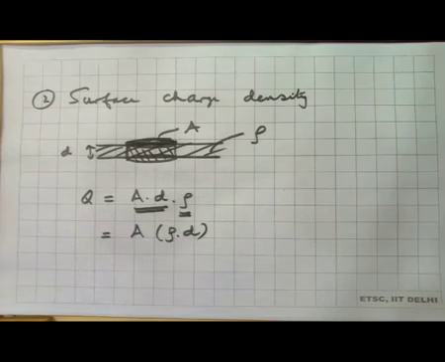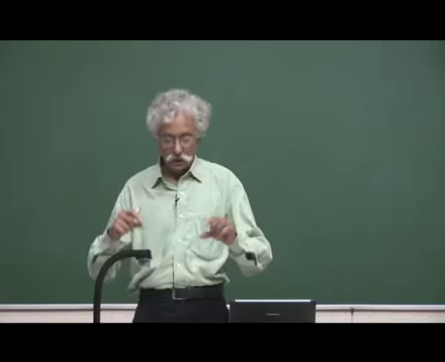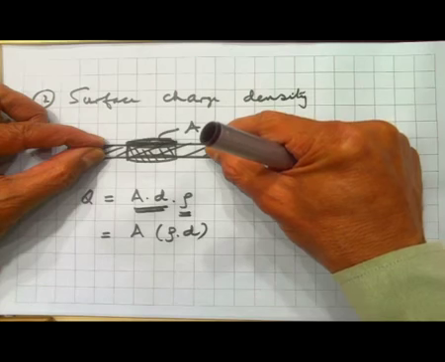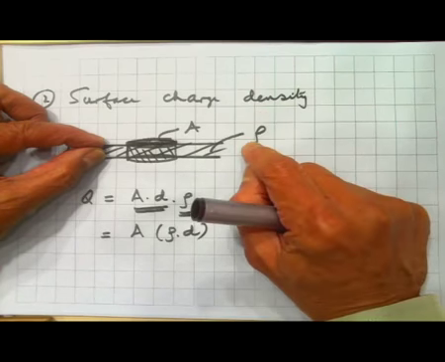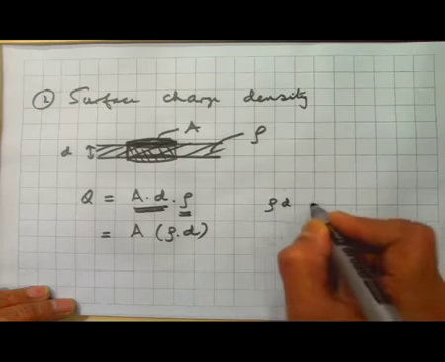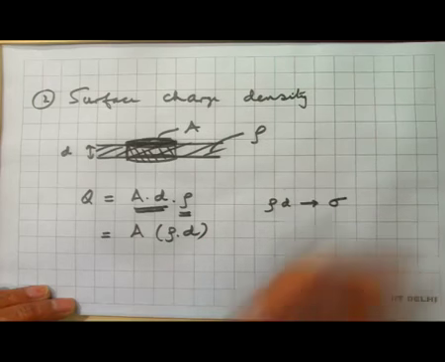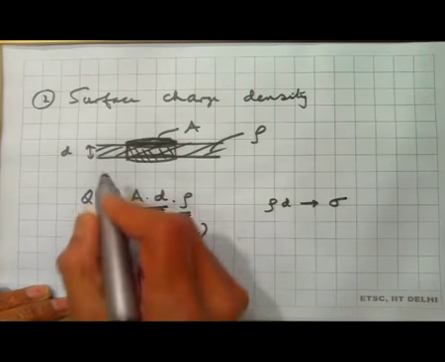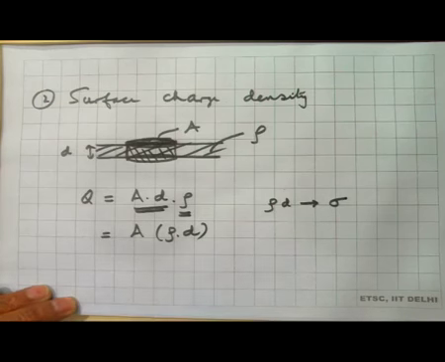Now, what I do is I let the thickness of this surface tend to 0, and at the same time increase rho to infinity, such that rho times d is a constant, and this is called sigma. So, in the limit of thickness d going to 0, I will just have a sheet having a certain charge.